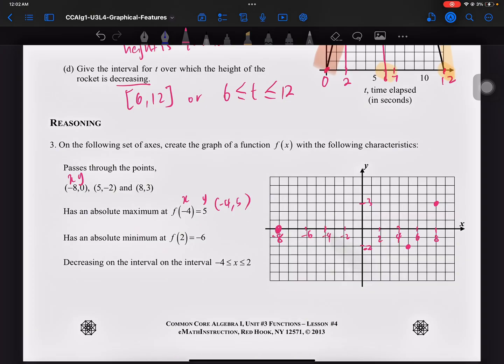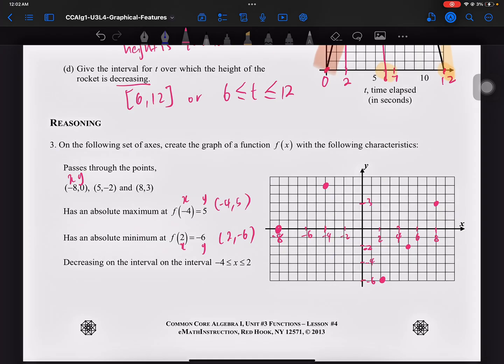The y will be positive 5. Should be here. And then the minimum x, y coordinate is (2, -6). Absolute minimum. Absolute minimum (2, -6) will be here.